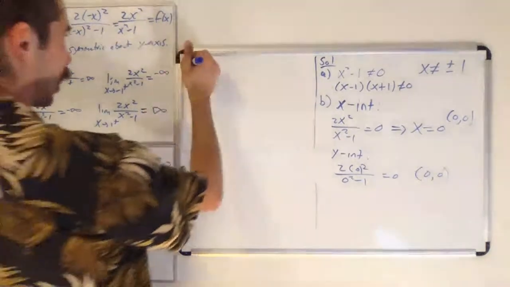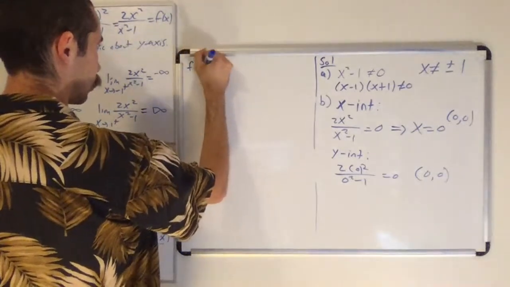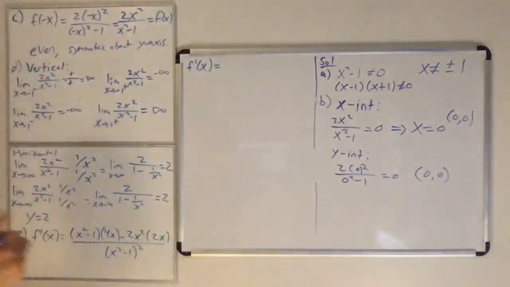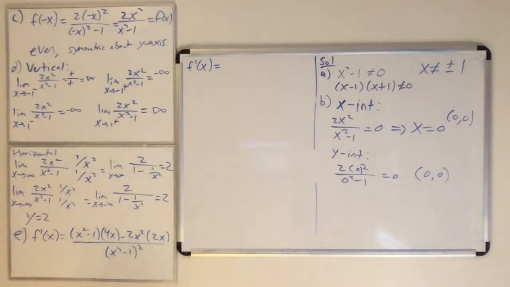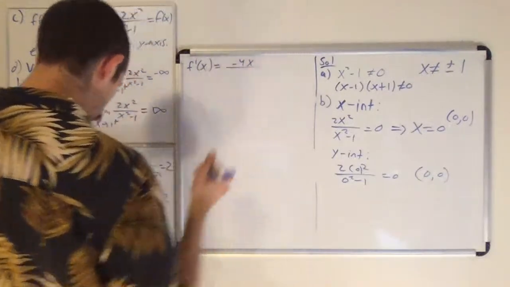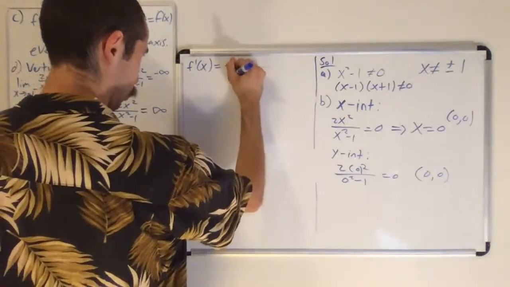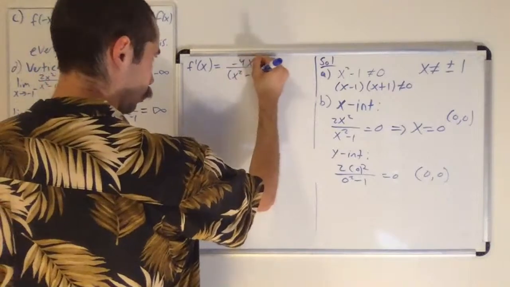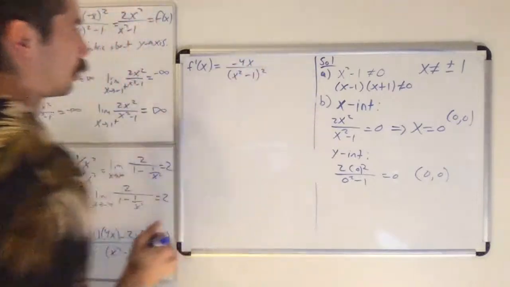Okay, so we have f prime of x. This simplifies to minus 4x over x squared minus 1 squared.